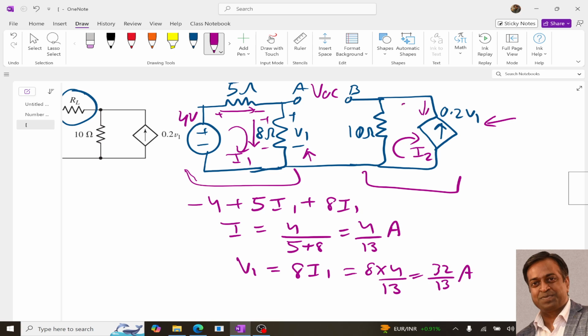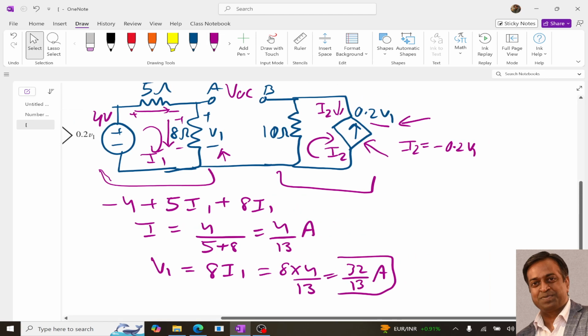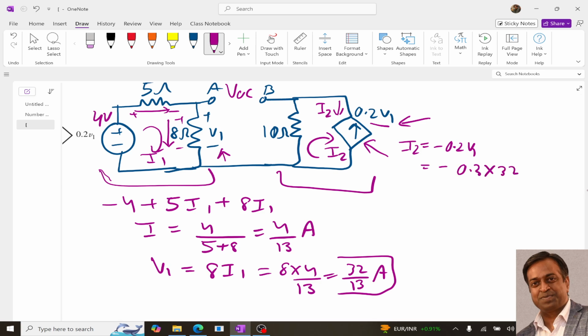Since I2 is the current flowing through this branch, which equals 0.2 V1, our I2 is equal to minus 0.2 V1. Now V1 is 32 by 13, so it means minus 0.2 times 32 by 13.